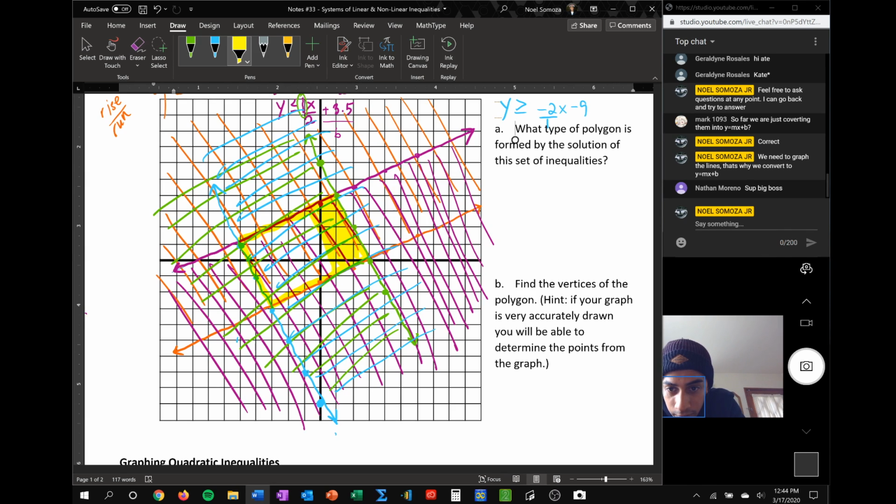So everything inside of that represents the solutions to this system because that's where all 4 of the colors show up. You have orange, you have purple, you have green, and you have blue. Everywhere else, you're going to have a missing color.